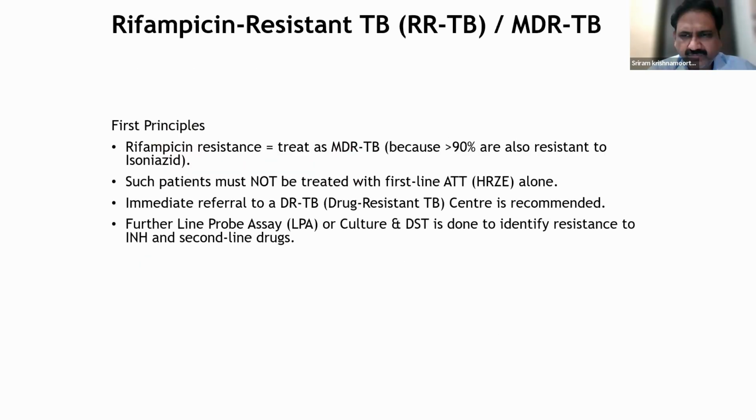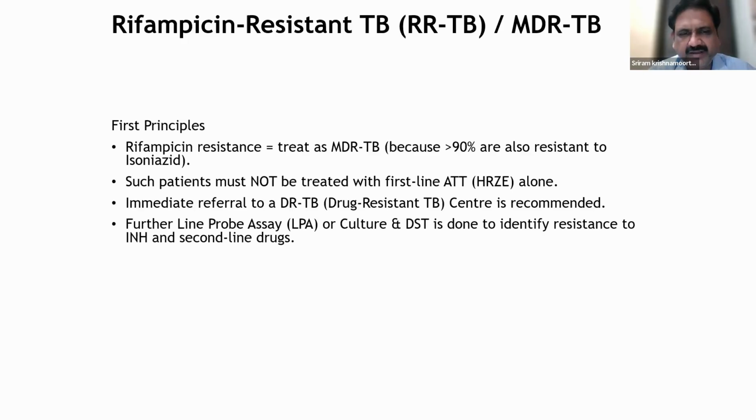Okay. The rifampicin resistant tuberculosis, which is called multi-drug resistant tuberculosis. The principle that you'll have to remember is that, as I mentioned earlier, 90% of them will also be resistant to INH. And such patients should not be treated with first line drugs alone. Okay. And once you find that the patient is not responding to the first line drugs, there is no point in treating those patients in your center.